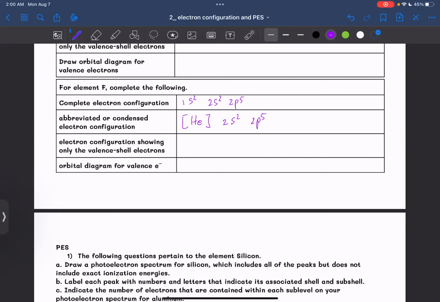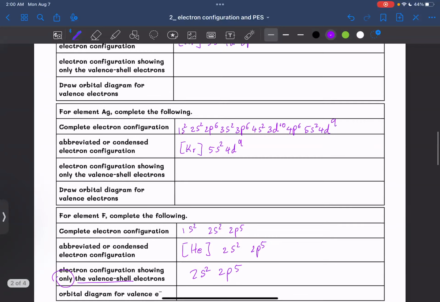Okay, now the next one is asking for only valence electrons, or valence shell electrons. Those are easy. Look at the shorthand, or condensed electron configuration. Then you pick up S and P and copy it back. That's it. What if you have D?